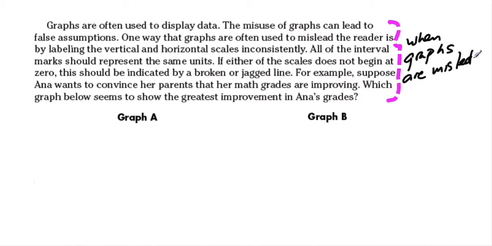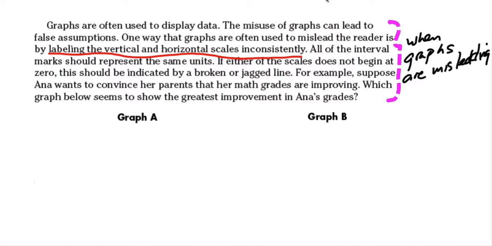It's a review from what we did in 6th grade and 7th grade. These are some of the ways you can find out that graphs are misleading: by labeling the vertical and horizontal scales inconsistently. That's one.